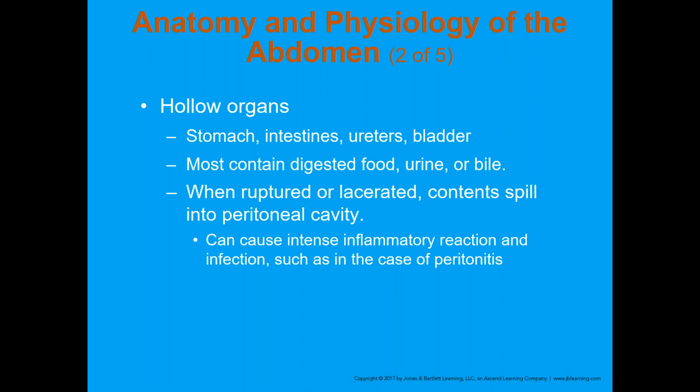Our hollow organs, there's a bunch of them. We have the stomach, the intestines, ureters, the bladder. For the most part, they are involved in digestion and the excretion of waste products. When ruptured or cut, those contents are going to spill into the abdominal cavity, causing peritonitis, that inflammation of the peritoneum, and causing an inflammatory reaction throughout the body.